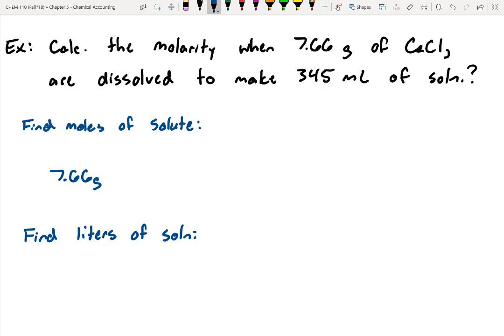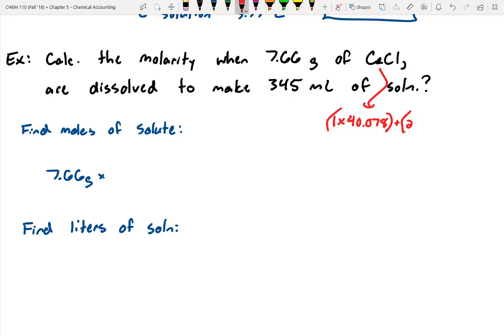We need to find the molar mass. So let's break that apart. And I'm just going to cheat and draw this over here. We've got one calcium atom. That weighs what? Should be about 40. Specifically, it would be 40.078, plus our two chlorine atoms, which are 35.453.